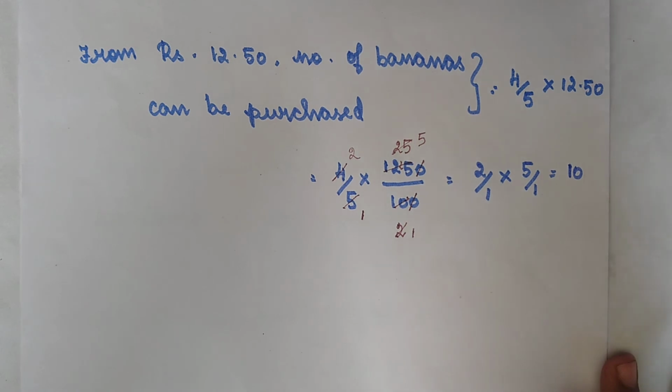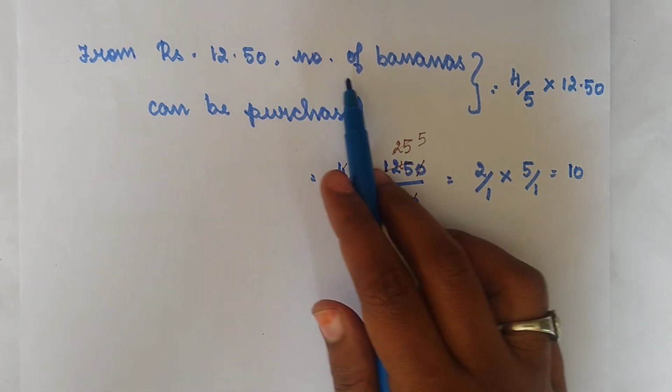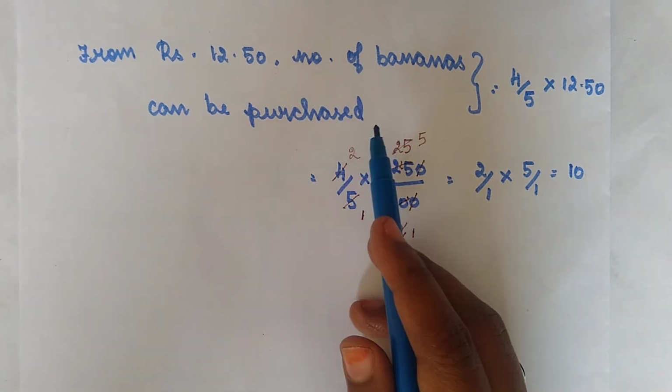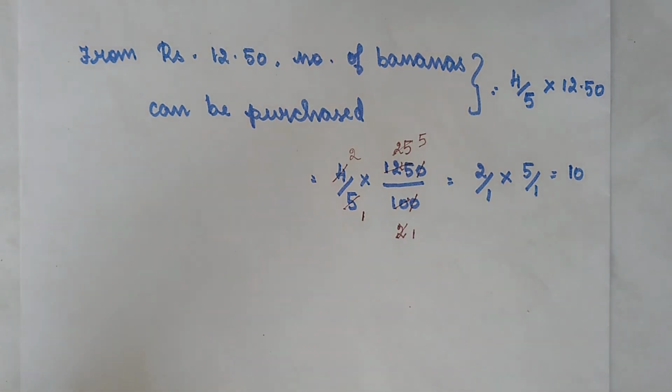Okay. So this is our answer. From rupees 12.50 the number of bananas that can be purchased is 10.